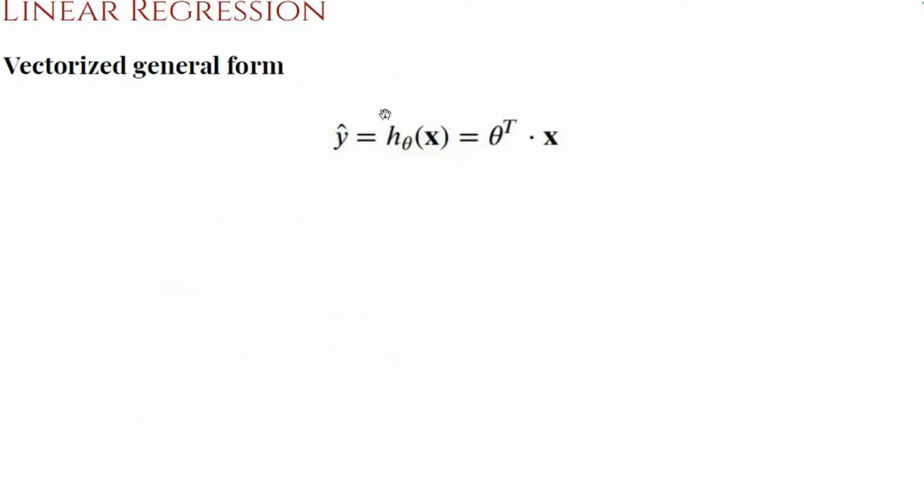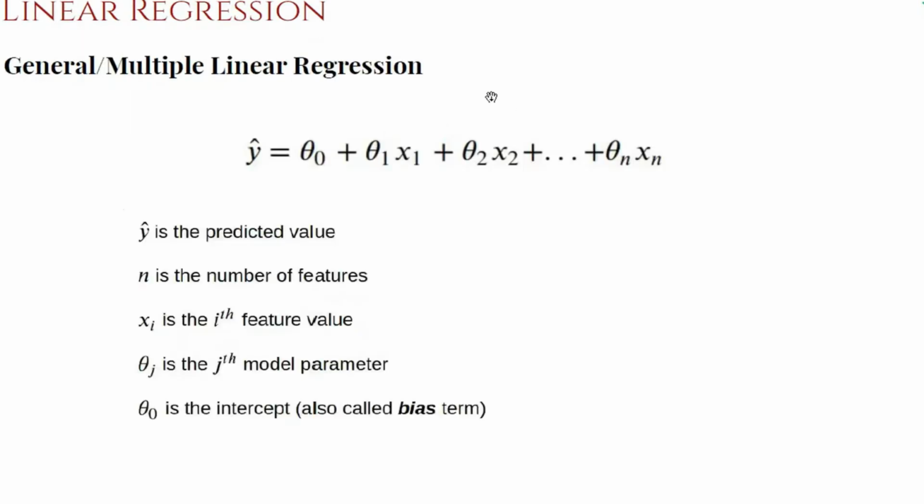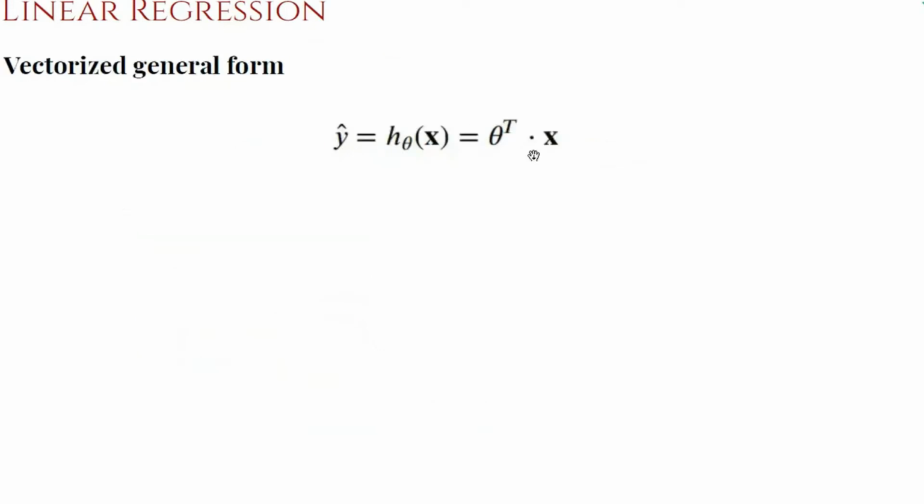So h of theta means this is the hypothesis. This is also a term that we usually use in the theory. But we quite often see this term theta transpose x. Even when you are entering into deep learning, you will see W transpose x. So this particular expansion is compactly represented as theta transpose x.